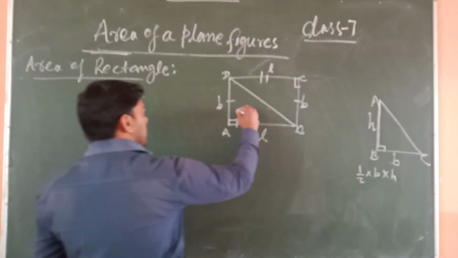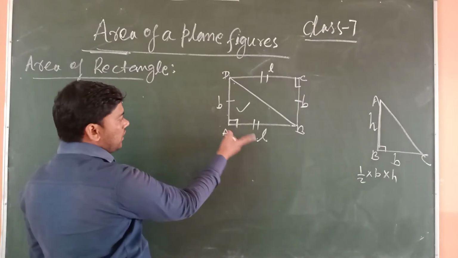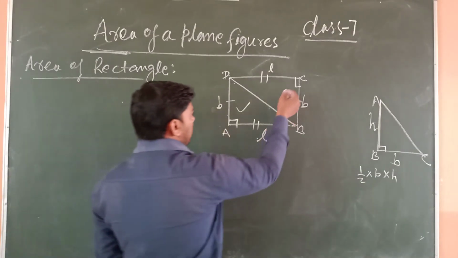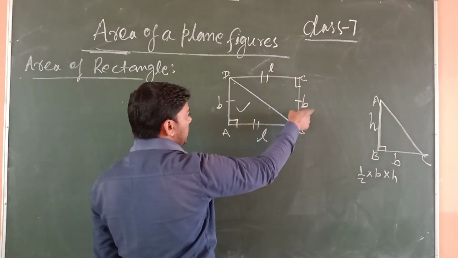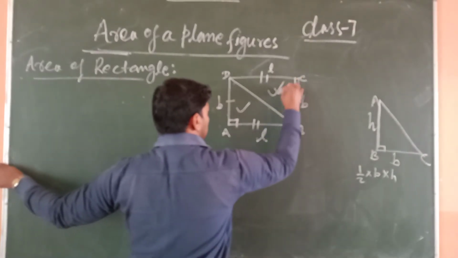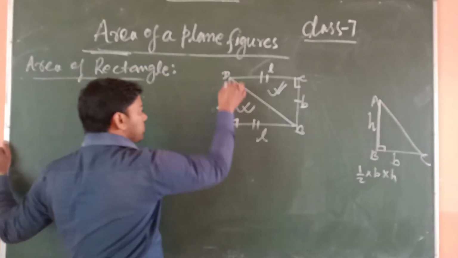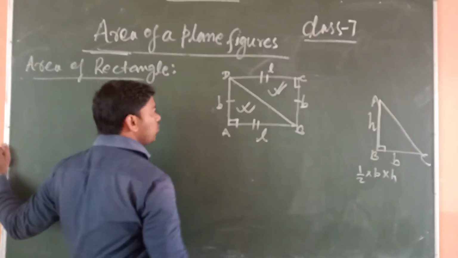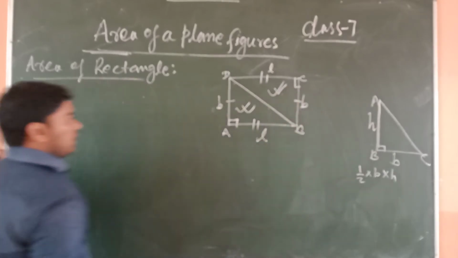Similarly, the area of this triangle is 1/2 into L into B, and for this one also 1/2 into L into B. There are two triangles. So the area of this rectangle is equal to the area of this triangle plus this triangle.